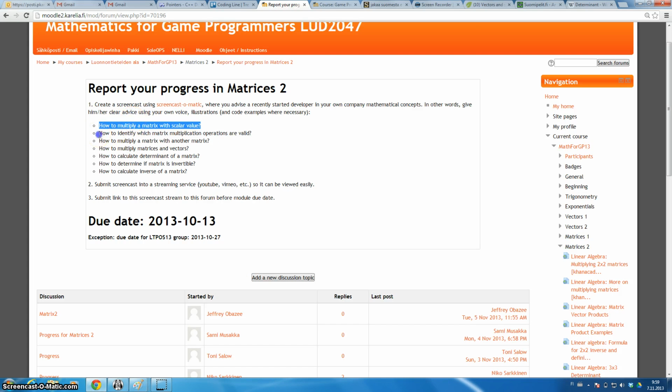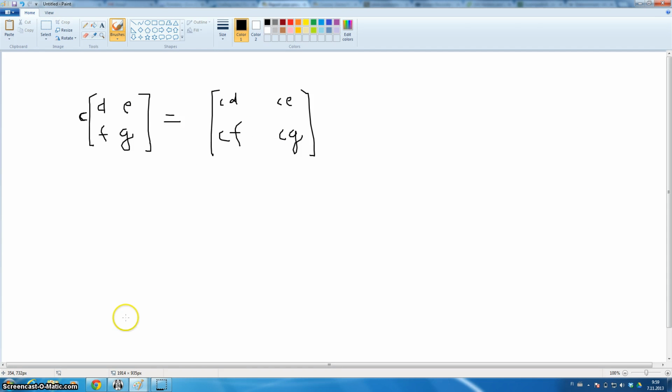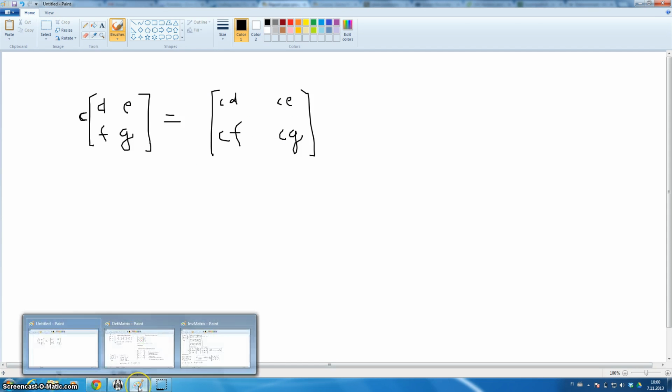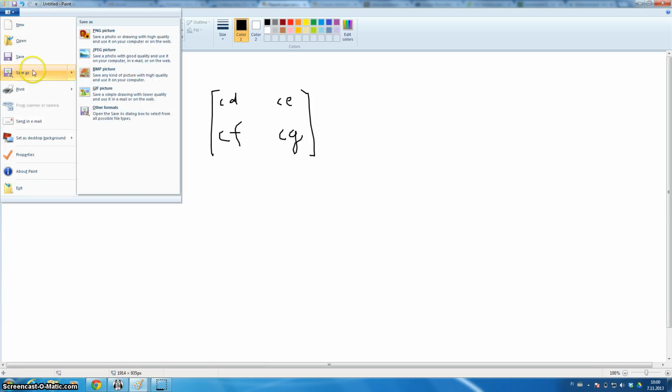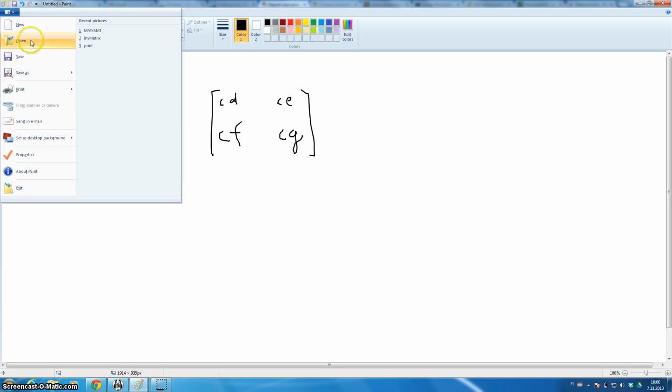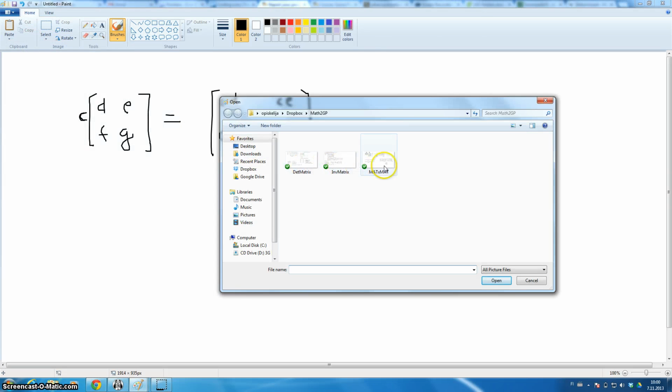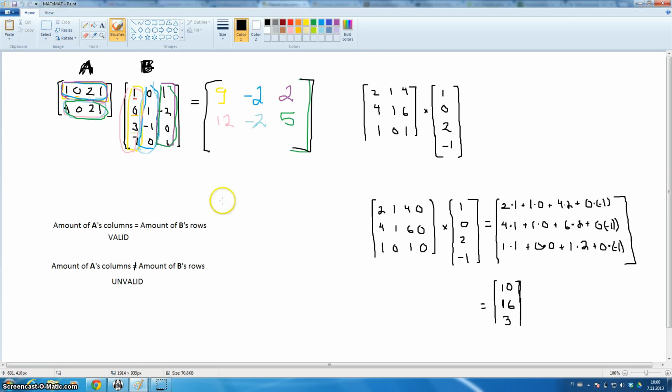Okay, how to identify which matrix multiplication operations are valid? The validity condition is that the number of A's columns has to be the same as B's rows.